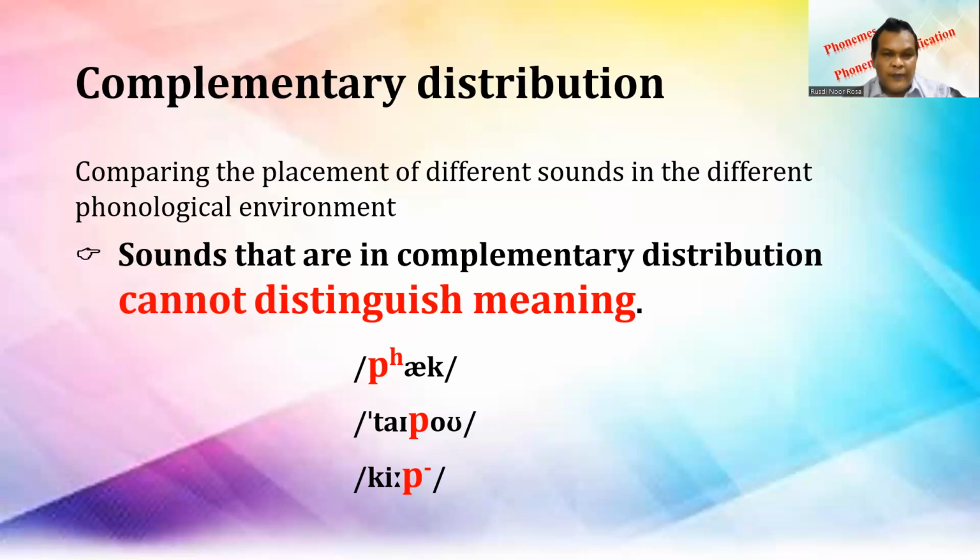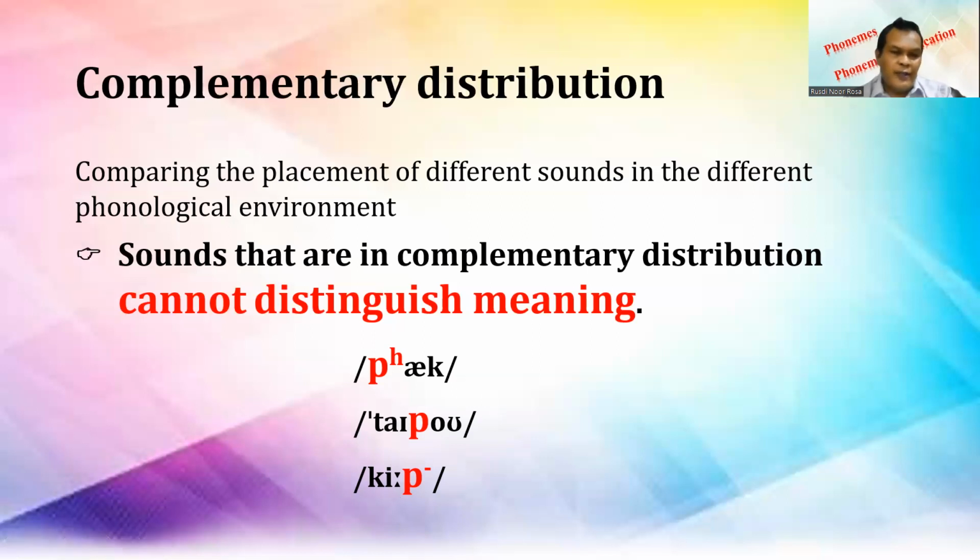Now let's see whether these different sounds can be placed interchangeably. In other words, whether we can use this condition in the second word, or whether the second word can be used in the other phonetic environment.